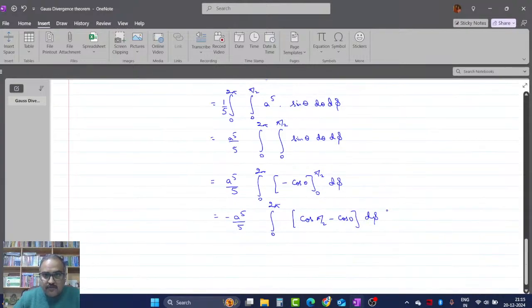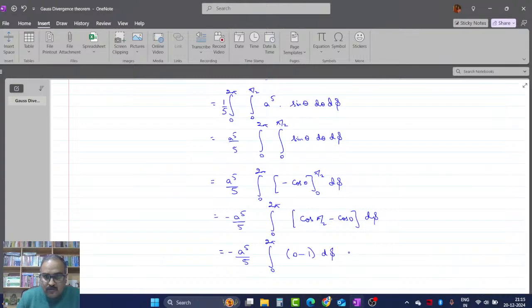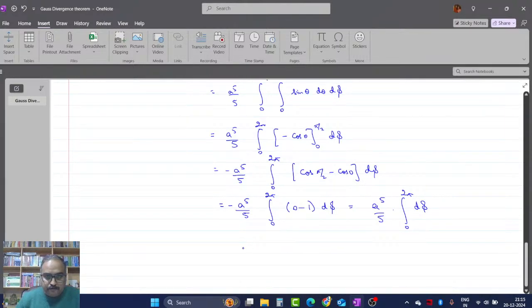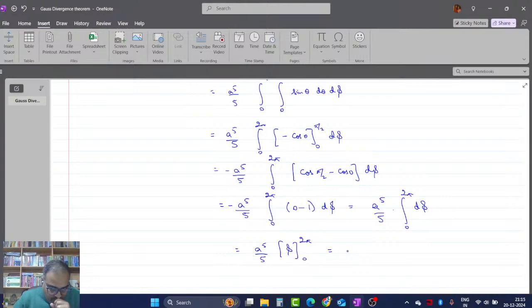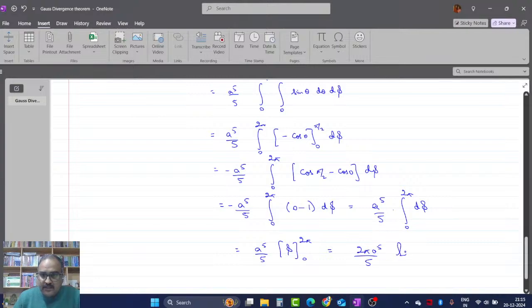Now cos 90 is 0, minus cos 0 is 1, into d phi. So minus 1 into minus will be positive, a raised to 5 by 5, integration 0 to 2 pi of d phi, and that comes to be phi, within the limits 0 to 2 pi. So it will be 2 pi a raised to power 5 by 5. That is the answer of this question. Hope it is clear to everyone.